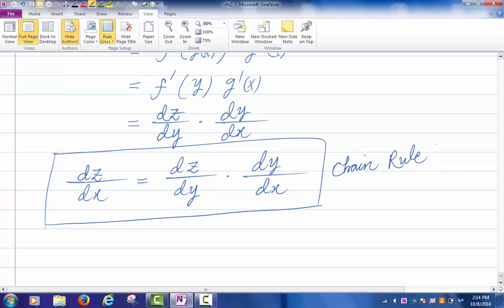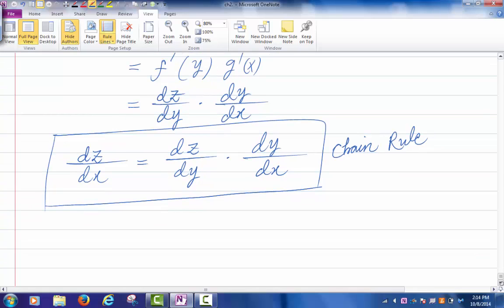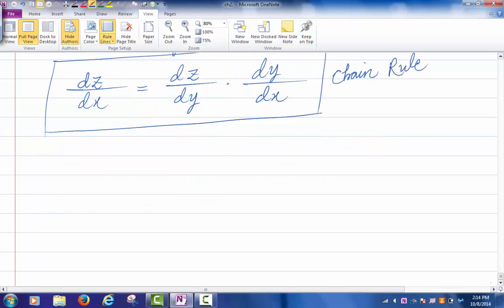If it is not possible to find it directly, you can use this formula, but it is the chain rule. So I hope you understand that.